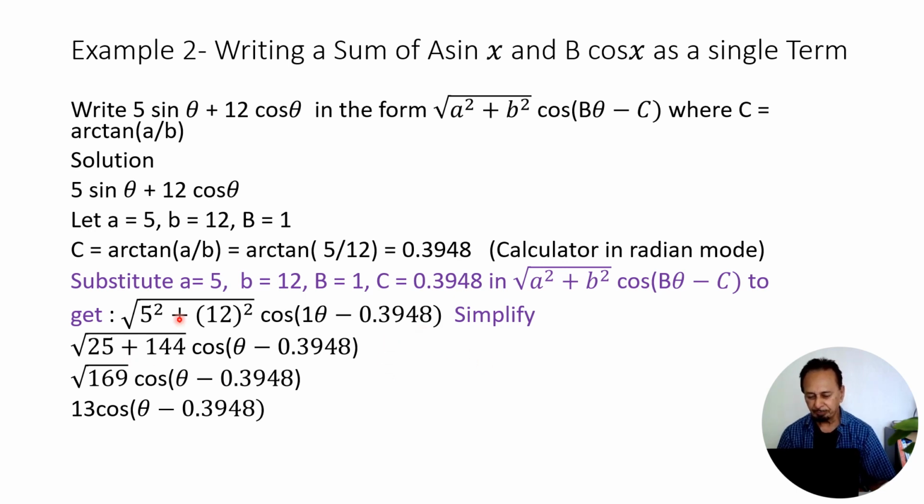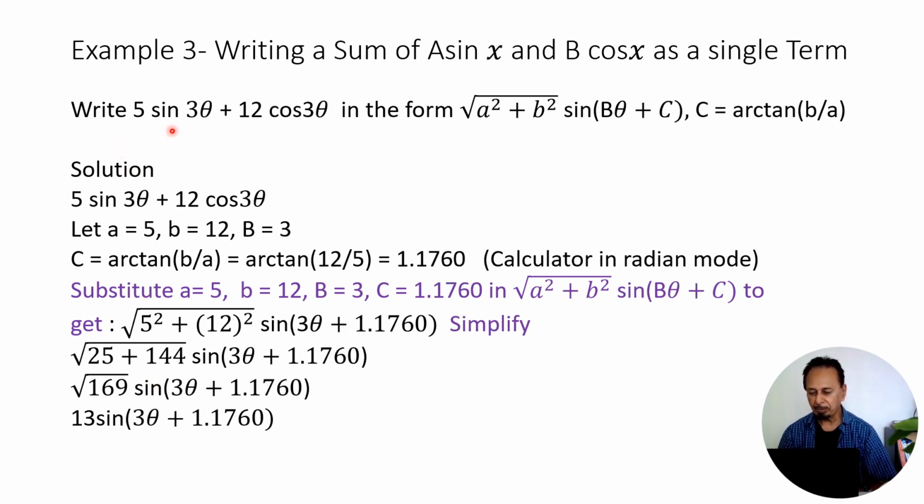Now we simplify. 5 square is 25, 12 square is 144, and 1 theta will be theta. So cosine theta minus 0.3948. 25 plus 144 makes 169, square root of 169 is 13. So the final answer is 13 times cosine theta minus 0.3948.